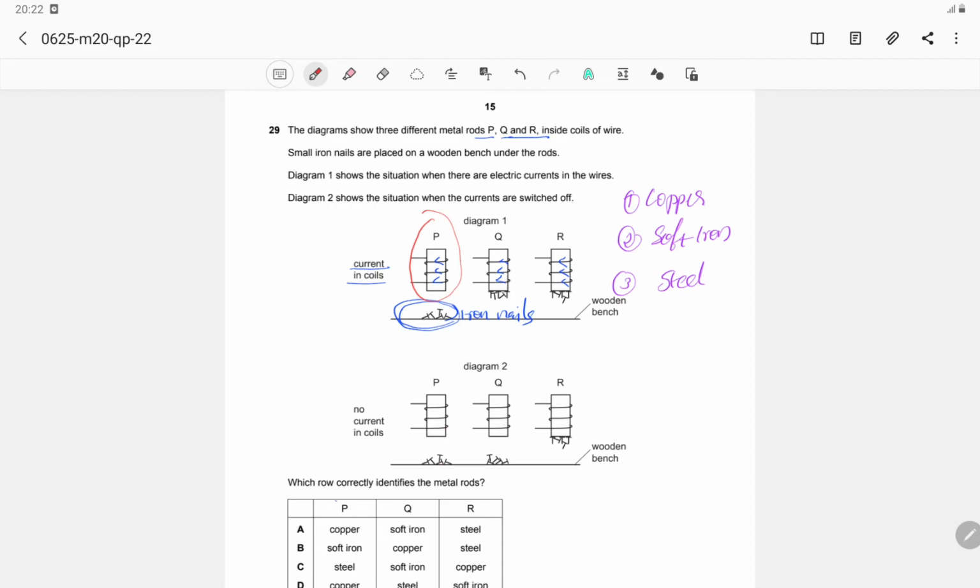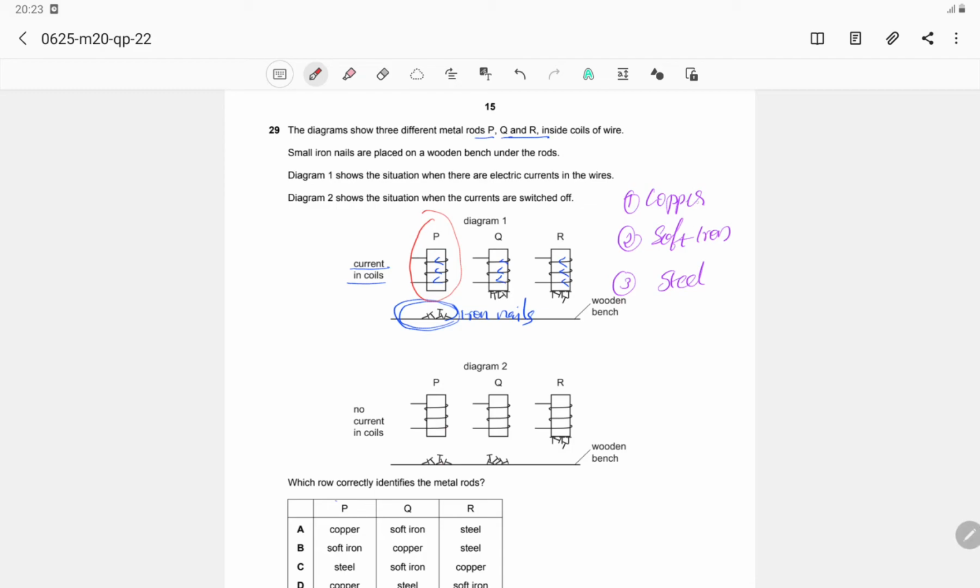That means P must be a metal which has the least magnetic property. Even though it is associated with the electromagnet, it is still not getting magnetized. So we check which of these three metals has the least magnetic property.